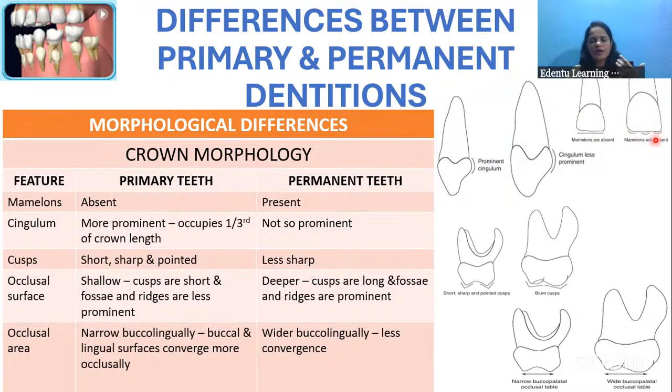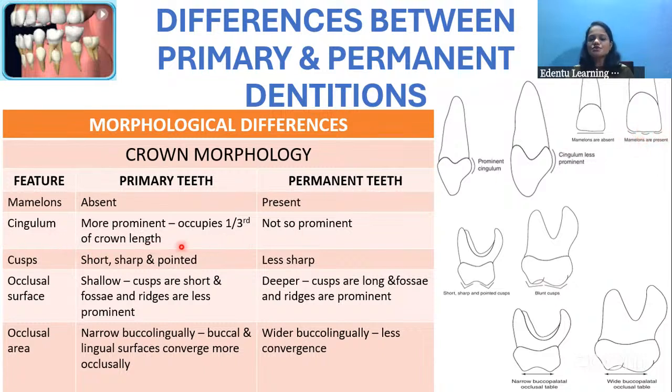After some time, because of occlusal wear and the continuous grinding between the food and the teeth, the mamelons disappear gradually in the permanent teeth also. But immediately after eruption, you can see 3 or 4 small finger-like projections on the incisal surface of the incisors. They are called the mamelons.